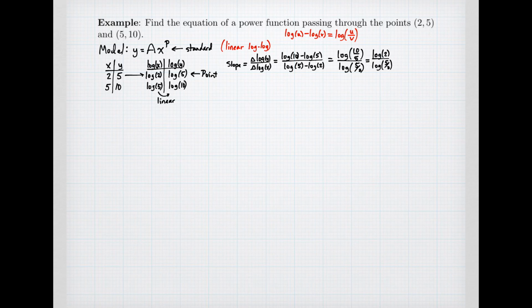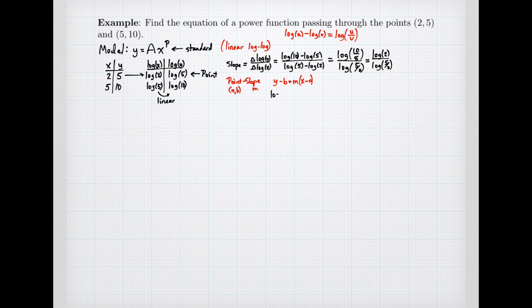And so I've got a point and a slope, and I'm going to use the equation of a line. The point-slope formula for a line with a slope m and a point (a, b) in normal variables would be y minus b equals the slope times x minus a. But for us, my variables are not x and y, they're log y and log x.